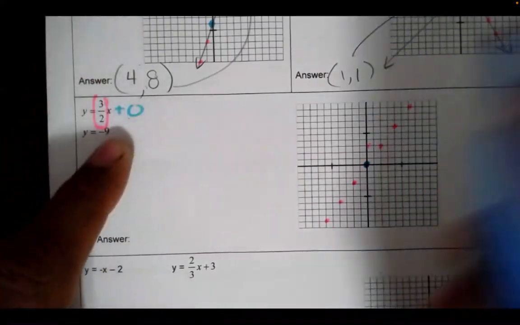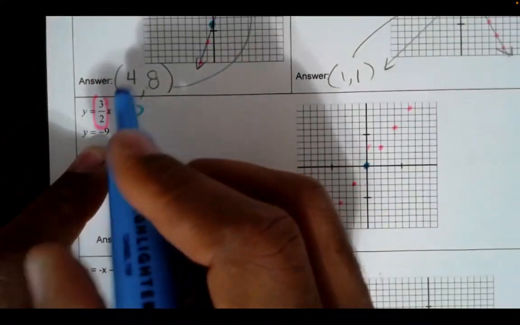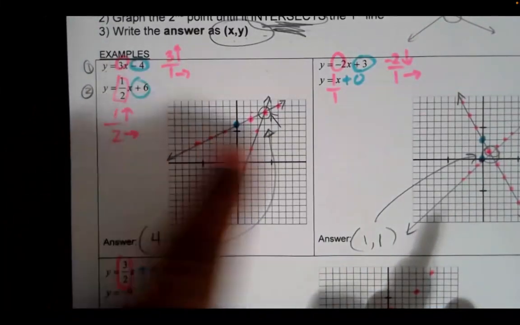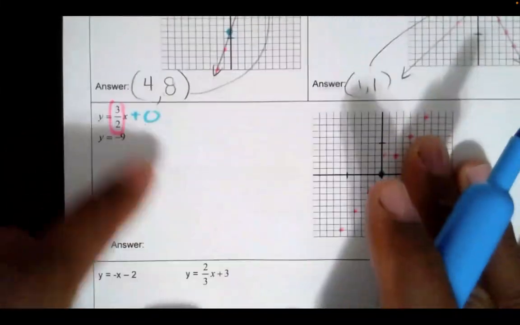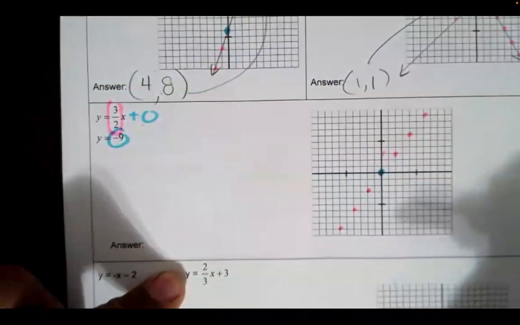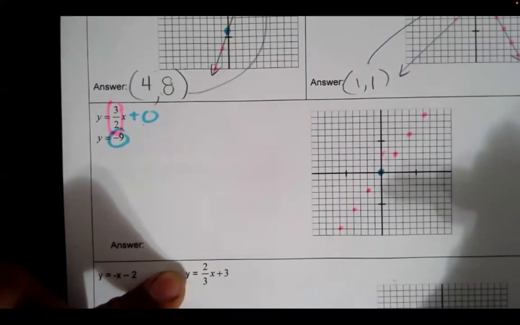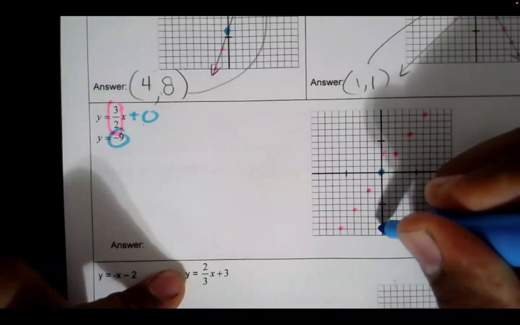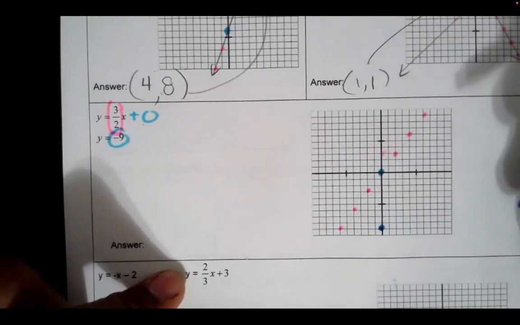Okay, so now this one's a little different because you notice that there's no x in this problem. These two have an x, these two have an x. This first one has an x, but that doesn't. So what that means is that that 9 is actually where you start because that number doesn't have an x. That's your intercept. So I'm going to go down to -9 and start there.